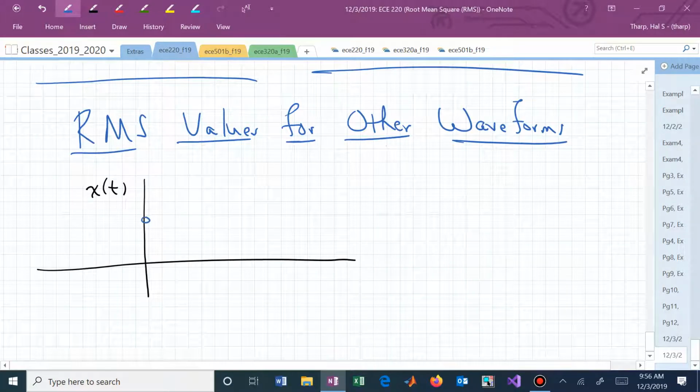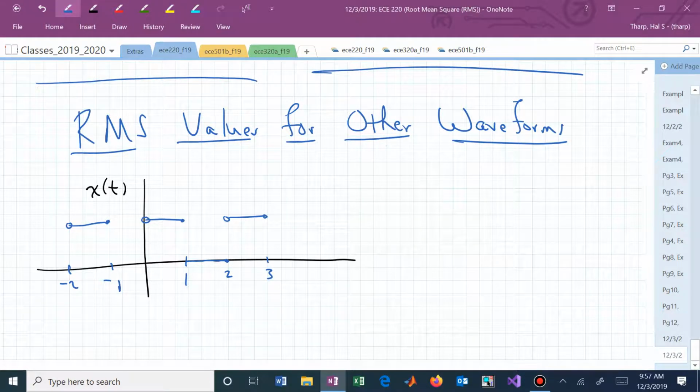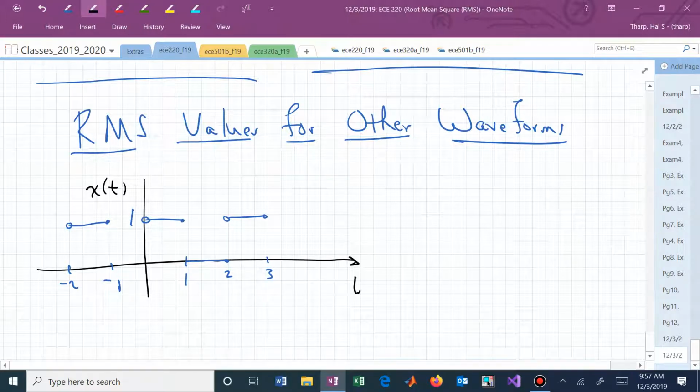X of t, let's say, is 1, and then it goes to 0, and then it goes to 1 again. It's now this periodic waveform, and that's what we are computing RMS values for, our periodic waveforms. We now have a magnitude of 1 that is on for 1 unit of time, and then it's off for 1 unit of time, and it just periodically repeats.